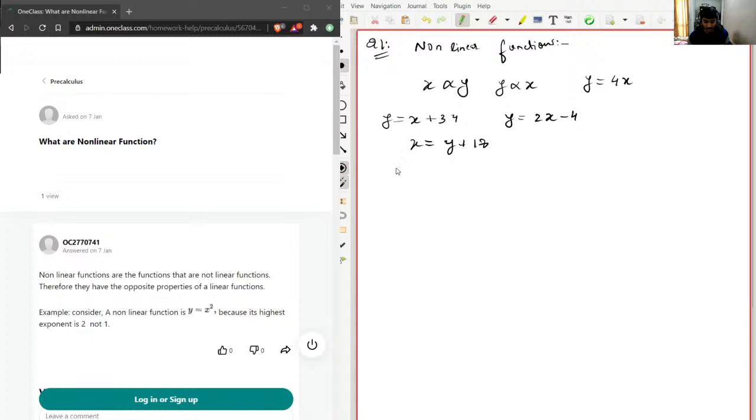But for non-linear functions, let's take the given function, y equal to x square.